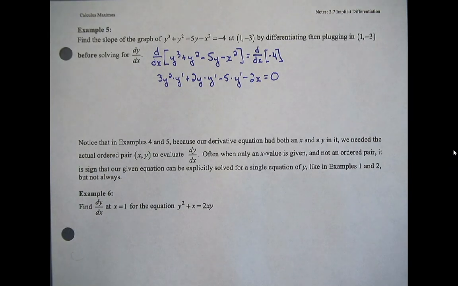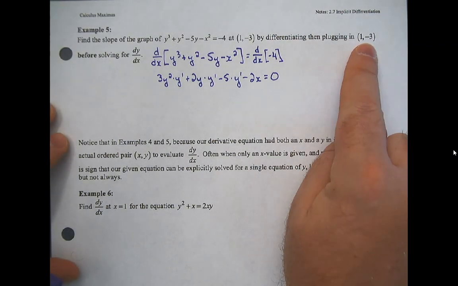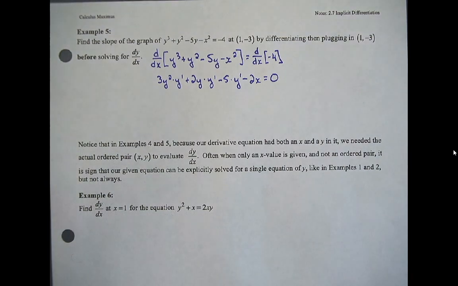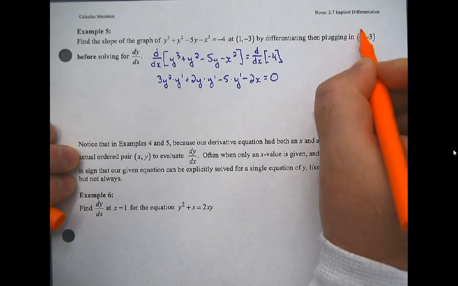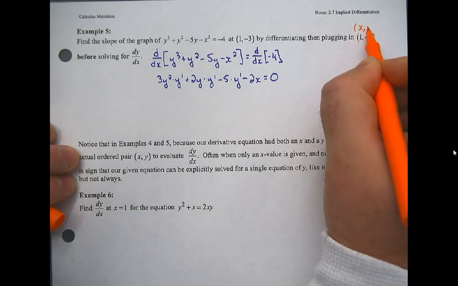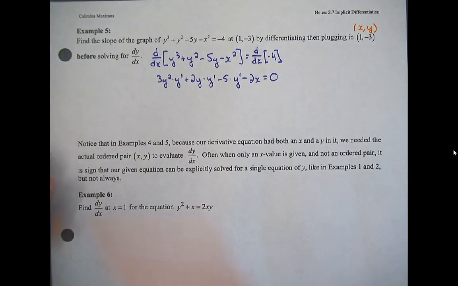What we did before was factor out a y prime, move stuff over, and solve for y prime. The other option is that you can plug in your x and your y before solving for dy/dx. So now I can take this x and this y and plug them in before and then move stuff around from there. So let me show you what I'm talking about. So this would be 3.